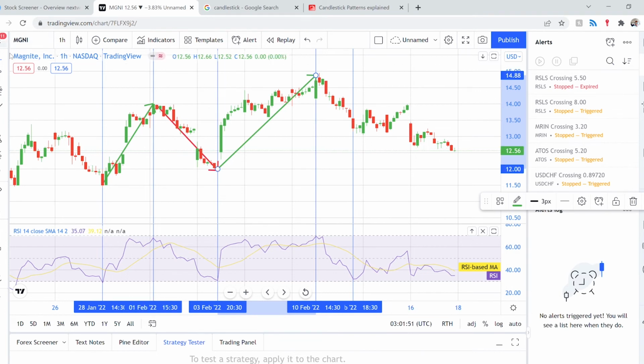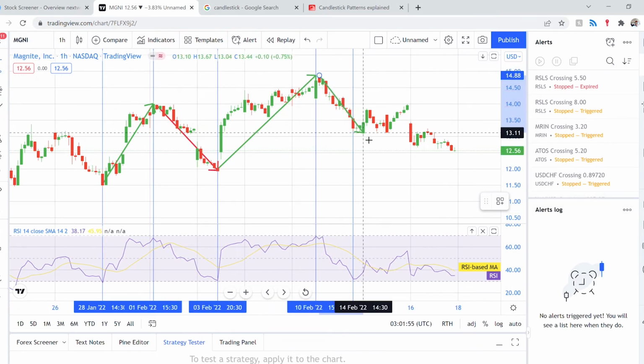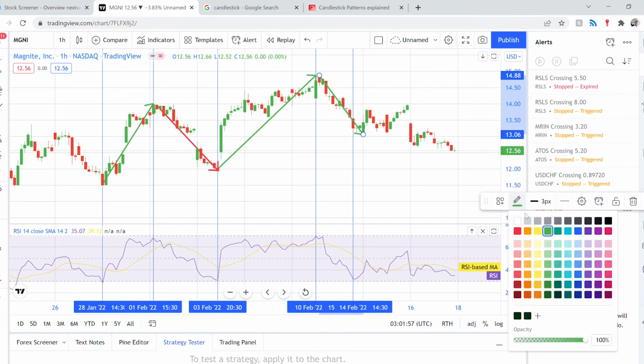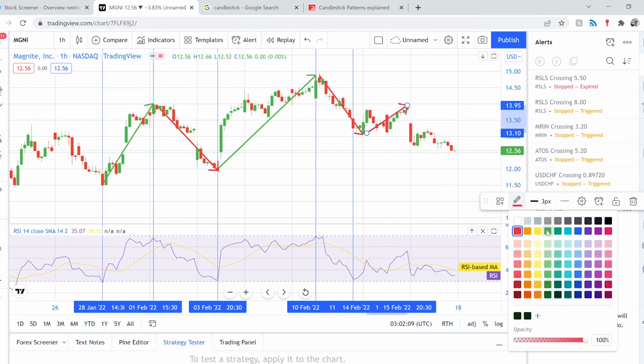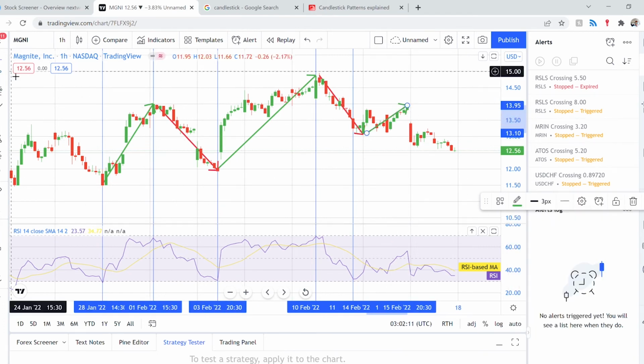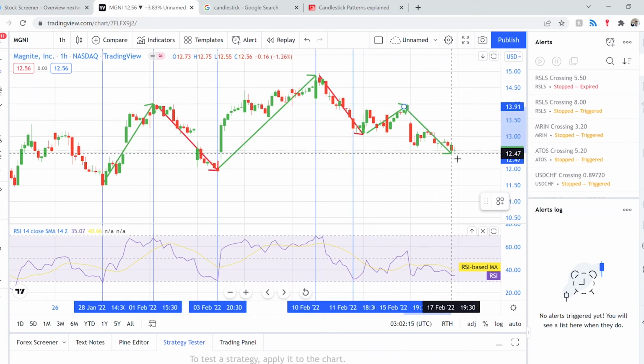Then from here to here, red. You get the picture. One more, from here to here, green. From here to here, red.